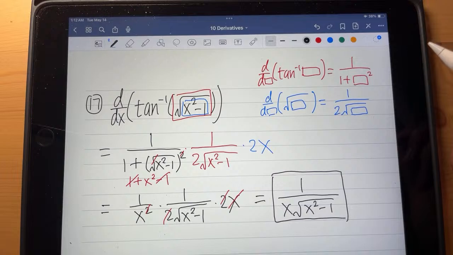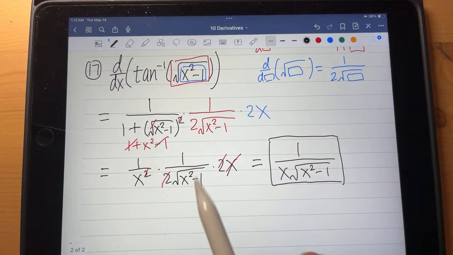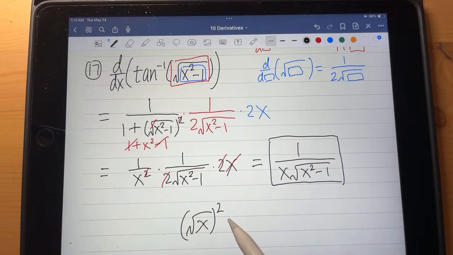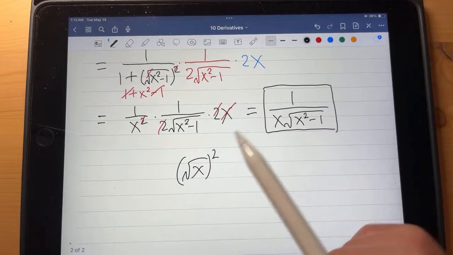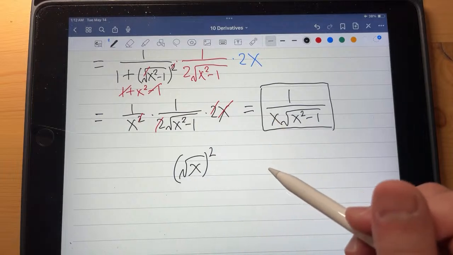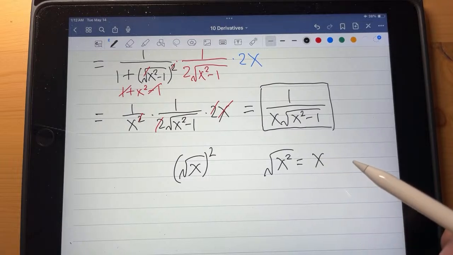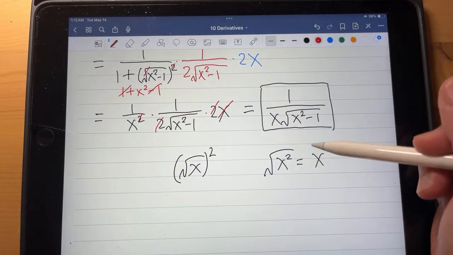Okay, why don't we need the absolute value? Because square root of... Oh, so for this one though, technically we have square root of x and then square. You don't need the absolute value because based on how this is written, x has to be greater than or equal to 0. If you have square root of x squared, this right here is equal to x with the absolute value.